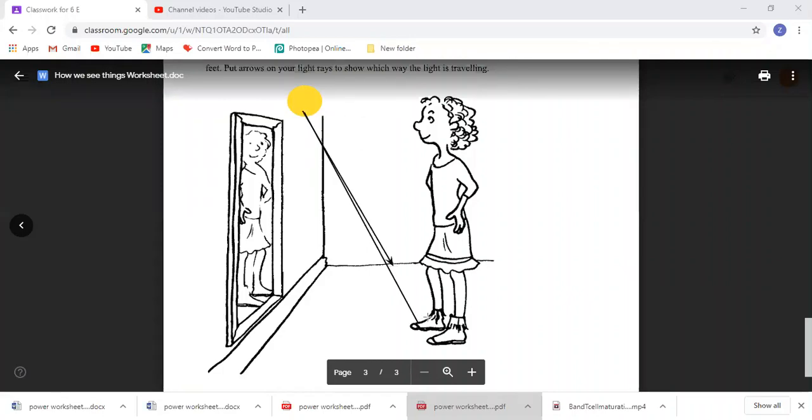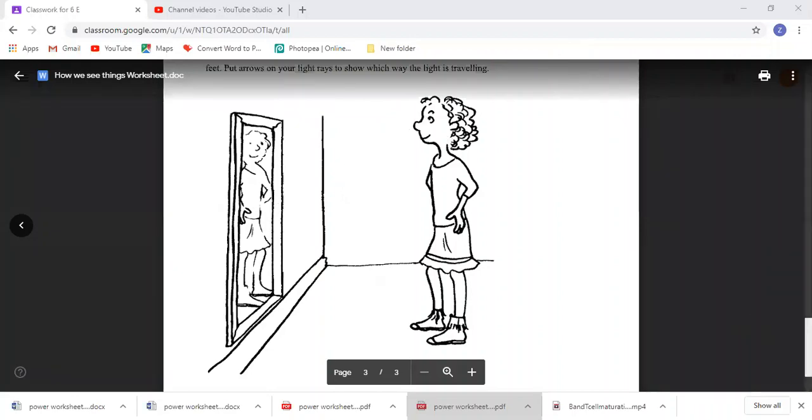So light travels in a straight line, and then from here it gets reflected, because I told you reflection even takes place on your dull surfaces, and then this ray is going to hit the mirror, and from there it is going to be reflected again and enter into our eyes. So I hope you understand now. Okay, now I'm going to clear all the drawings. I hope the concept is now clear.